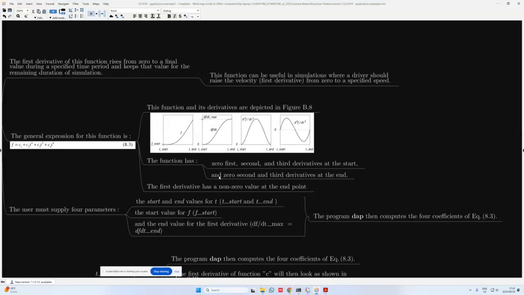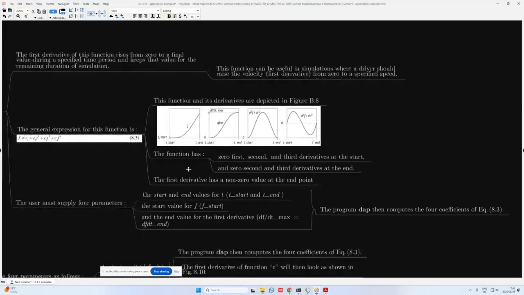And then the function also has a 0, second, and third derivative at the end. Right, so not for the df dt, but for d square f over dt square and d3f over dt3, we can see that at t end, both of those values are indeed 0.